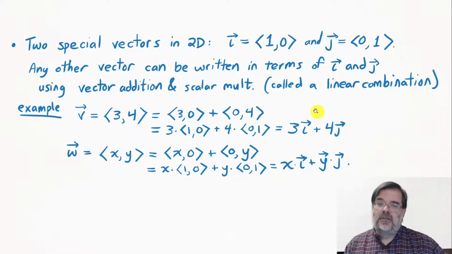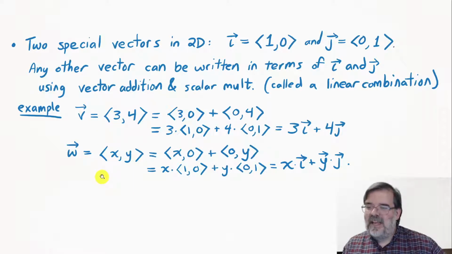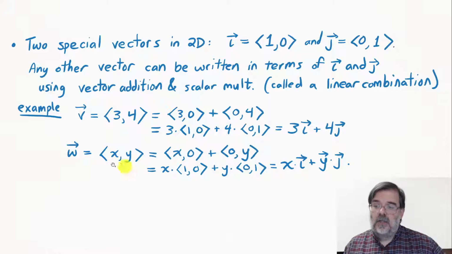Now, there is absolutely nothing special about the numbers 3 and 4, other than I like the numbers 3 and 4. You could have done the same process for any vector w. Let's say the vector w is equal to x comma y. You could split that vector up as the sum of the vectors x, 0 plus 0, y. Then from x, 0, you can factor out an x.